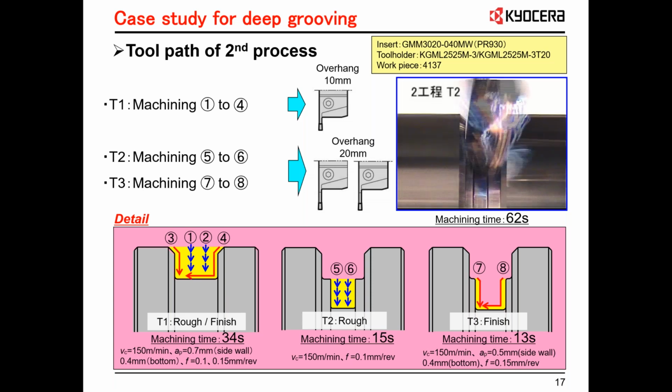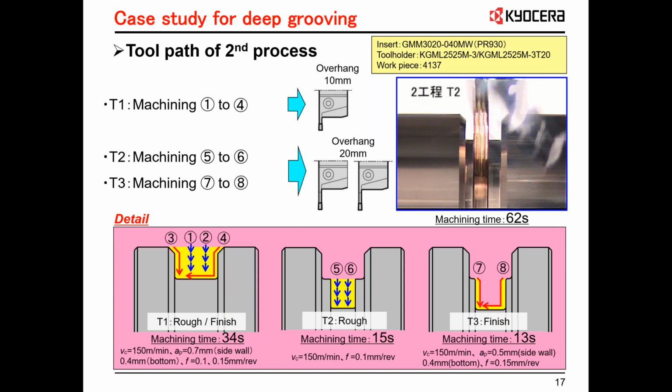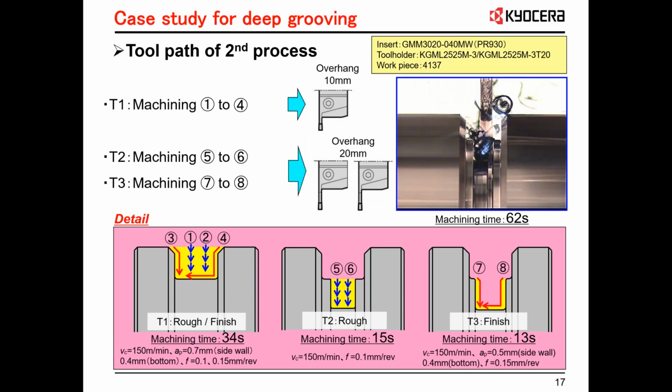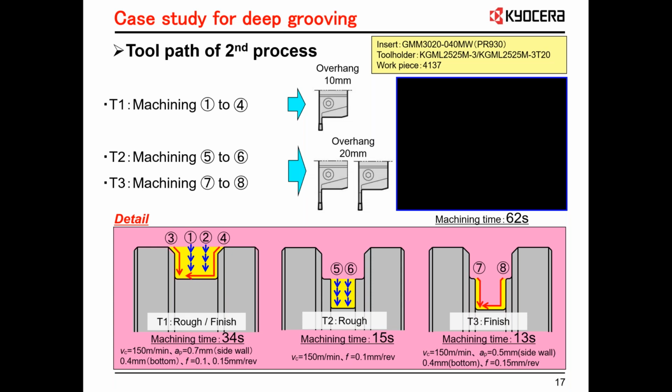Okay. It's tool 1, this is tool 2. It's going to rough out the deeper groove. And then finish. Cycle time 62 seconds.